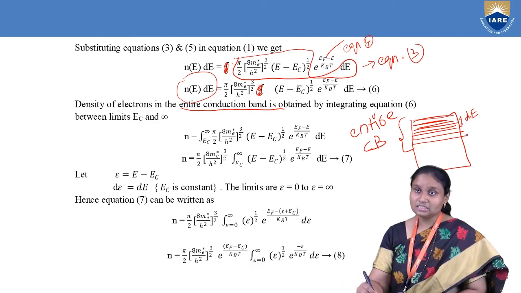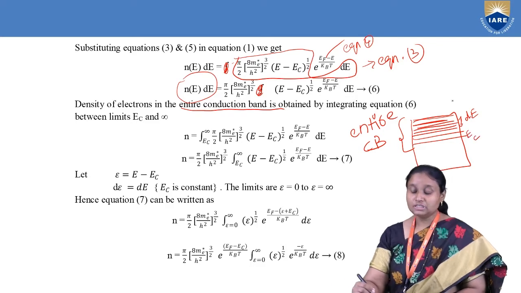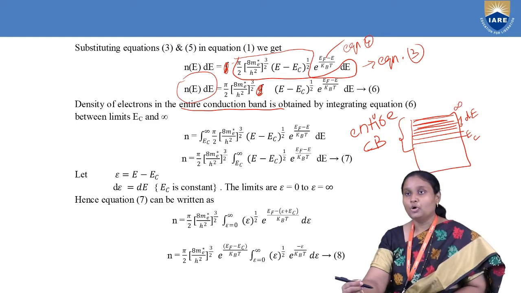What is the bottom energy level in the case of the conduction band? It is given by EC. And the top energy level of the conduction band is undefined, so we'll take it to be infinity.